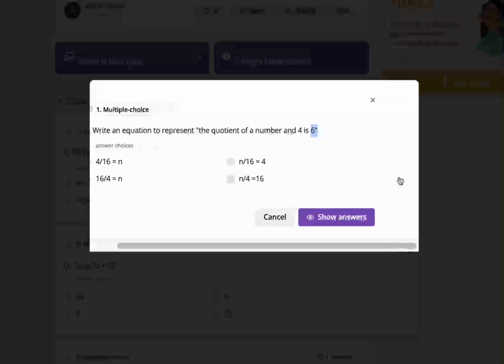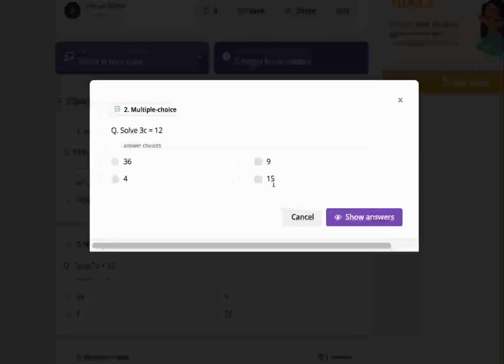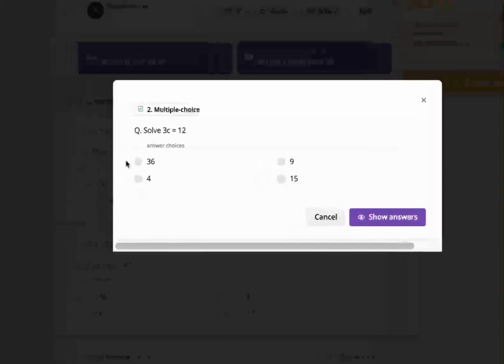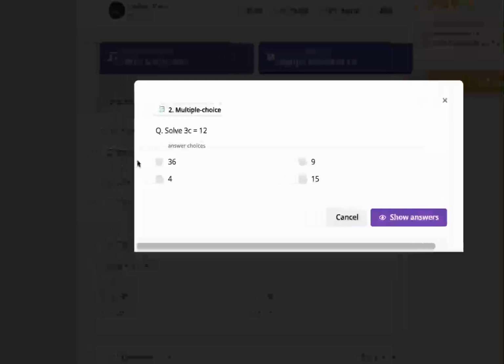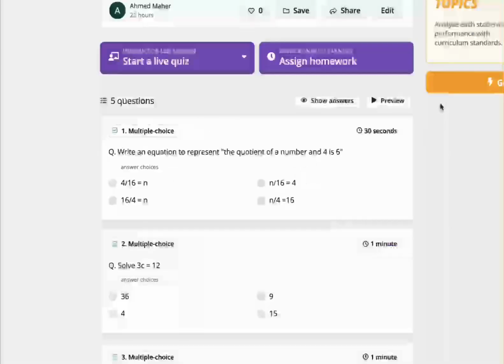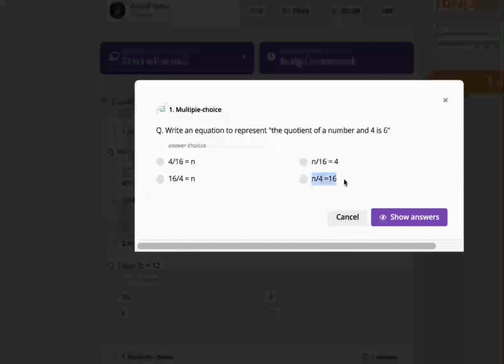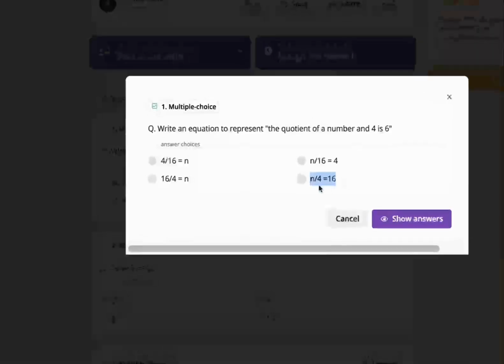Yes, Brother Naeem? Why do we put this answer? Can you explain question number 1 again? Of course. Quotient means divide. But Mister, I don't know how to make this answer.